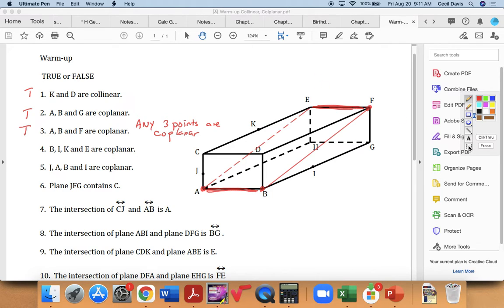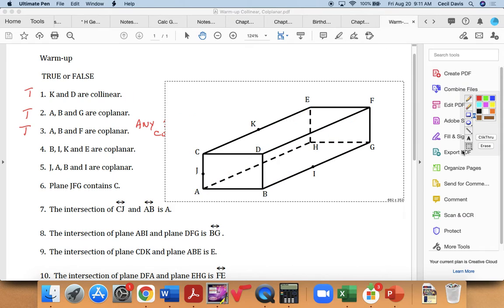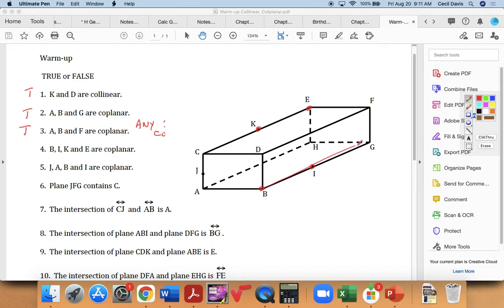So now let's look at number 4. B, I, K, and E are coplanar. All right, notice that line BI and line KE are parallel to each other.